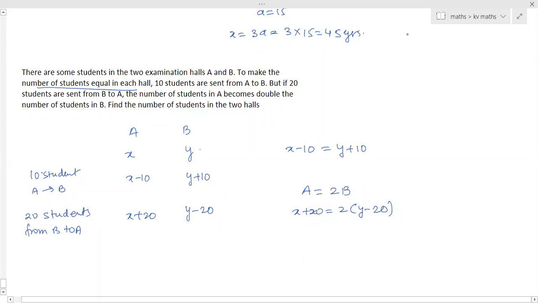Ma'am, is the answer A is equal to 60 and B is equal to 40? 60 and 40. 1 second. Sixty minus 40 plus 10. 60 plus 20 is 80.